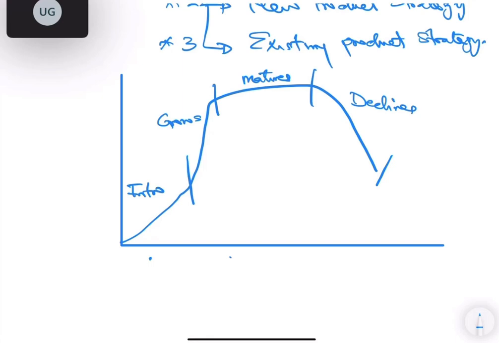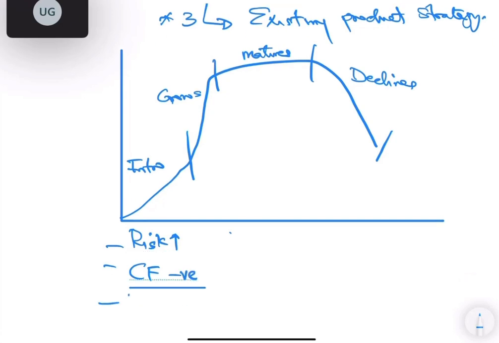You might be charging very low price. Your risk is very high here, because you don't want that product to fail. So you are going to be putting a lot of effort to make things work. And in that case, your cash flow will probably be negative here and pricing might be low.